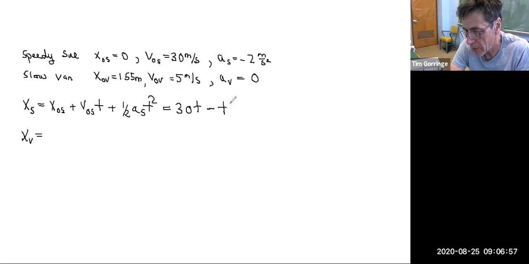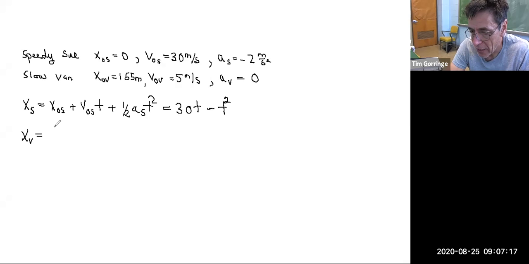So that'd be -1 times time squared. This little equation is pretty simple, actually: Speedy Sue's location as a function of time is 30t minus t squared.